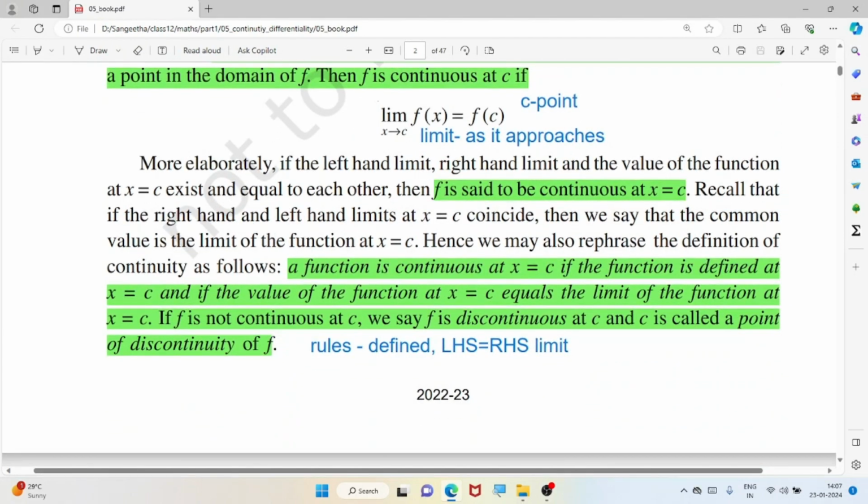Now to check the continuity, c is the point of the function. This is the rule: a function is continuous at x equal to c if the function is defined at x equal to c. First of all it should be defined at that point, and the value of the function should be equal to the limit, so LHS and RHS limits should match.